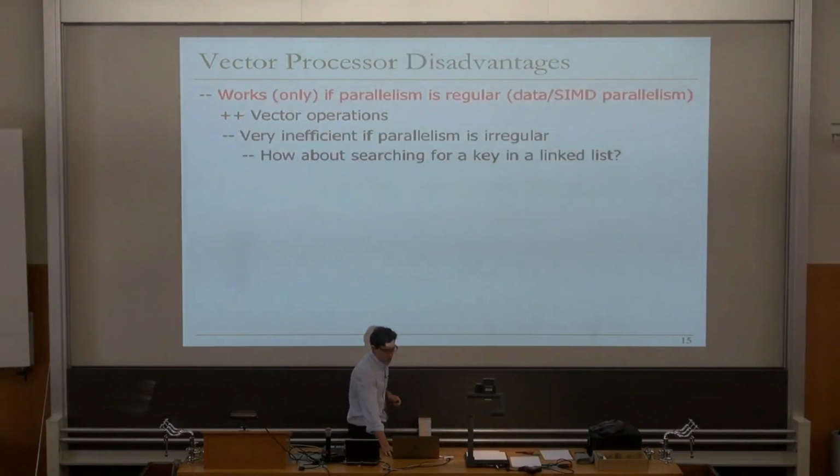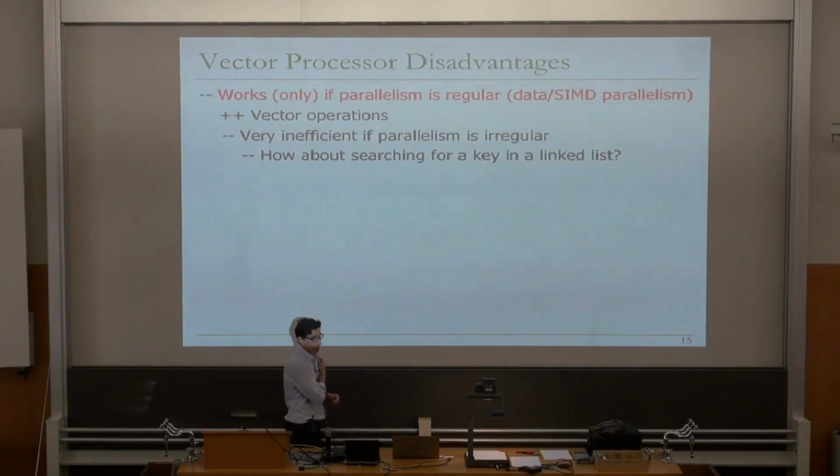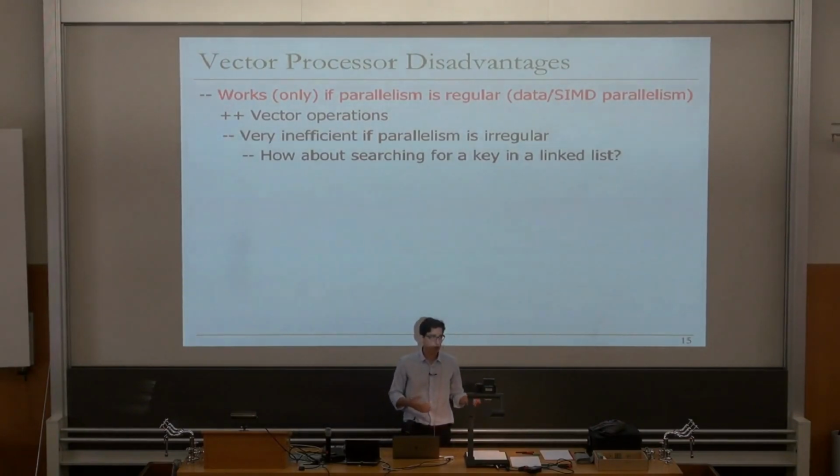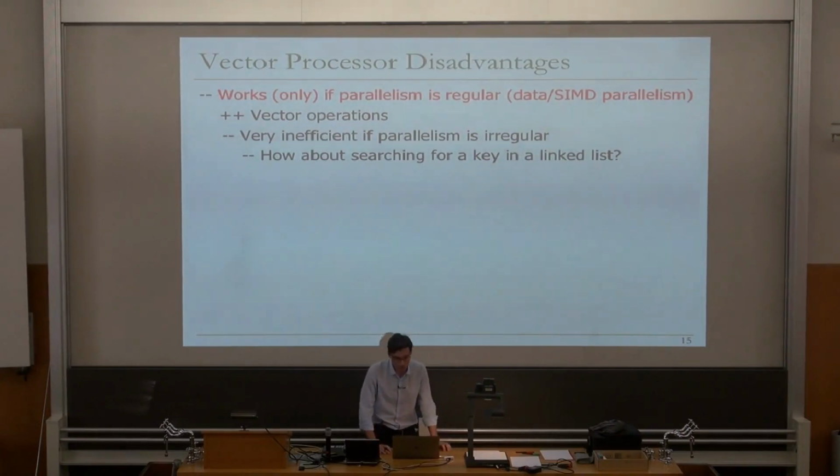But unfortunately, vector processors also have some disadvantages. As we already know, they are very good for regular data parallelism, but they are very inefficient if the parallelism is irregular. And still, there are many applications in which we have irregular data parallelism or even sequential execution.